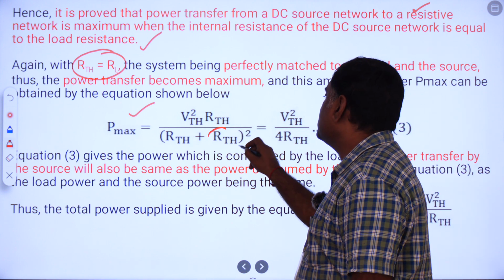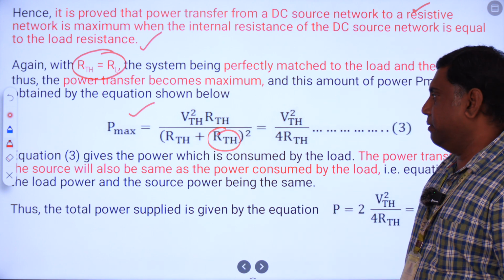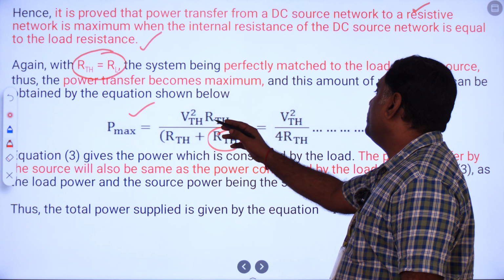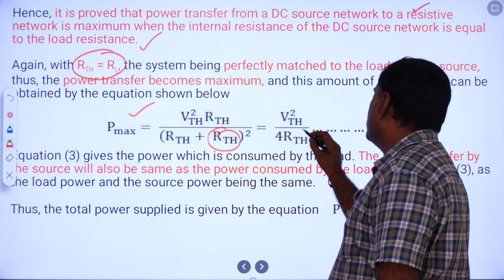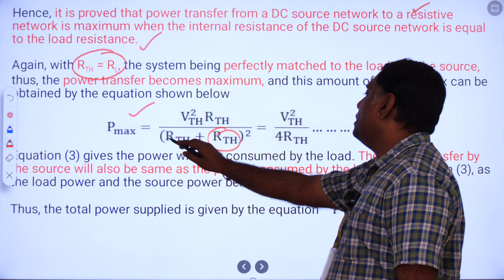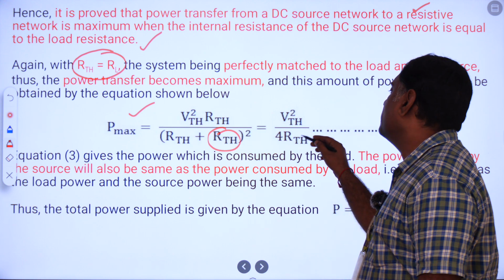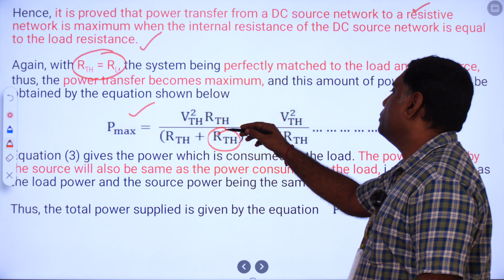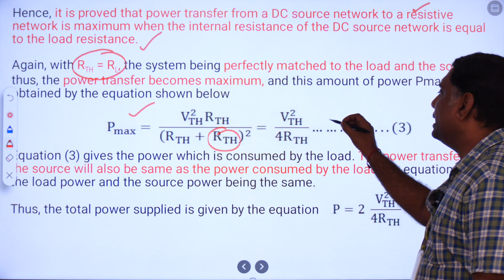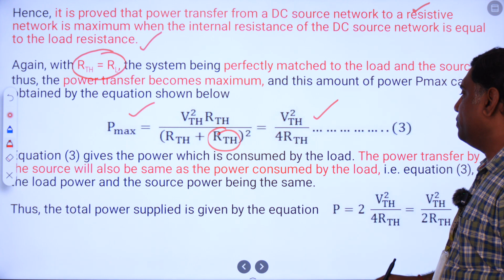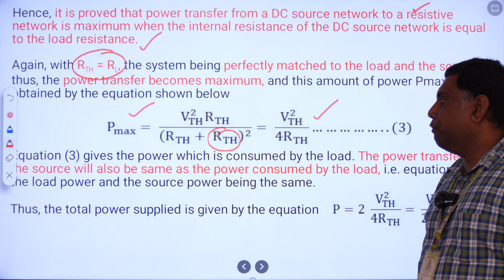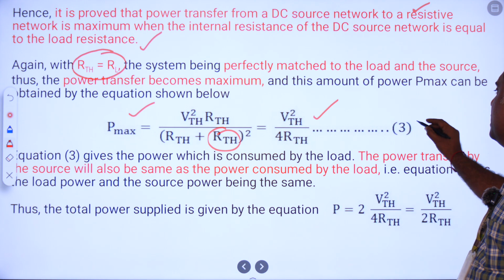So it equals V Thevenin squared divided by, R Thevenin plus R Thevenin is 2 R Thevenin, whole squared is 4 R Thevenin squared. After substituting, the final equation is V Thevenin squared divided by 4 R Thevenin.